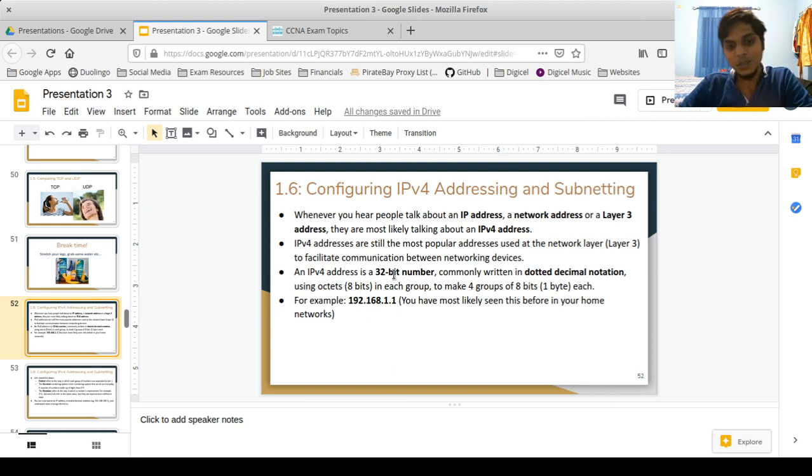And instead of writing 101010000111, we came up with a more intelligent way of representing that number. We took those 32 bits and we write them in something called dotted decimal notation. So you see the dot here, dot, dot, dot. That is the dotted part of the decimal notation, and the 192.168, these are the normal decimal numbers that we know.